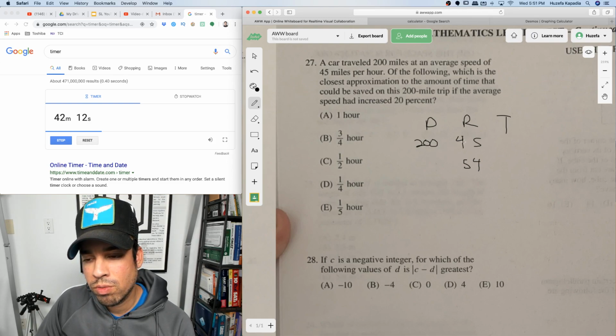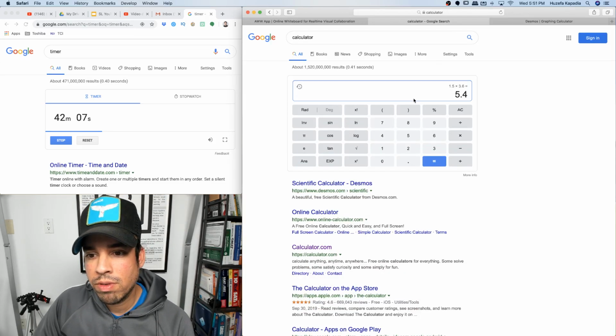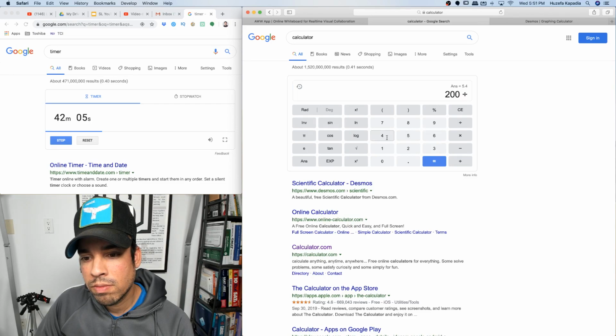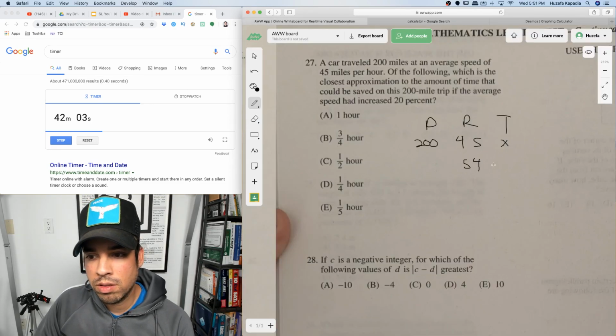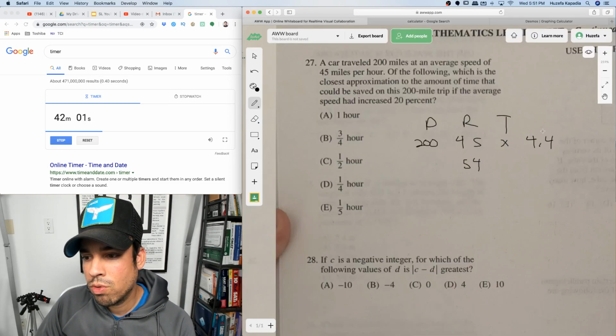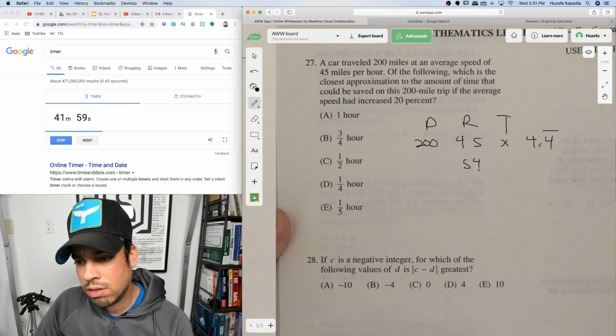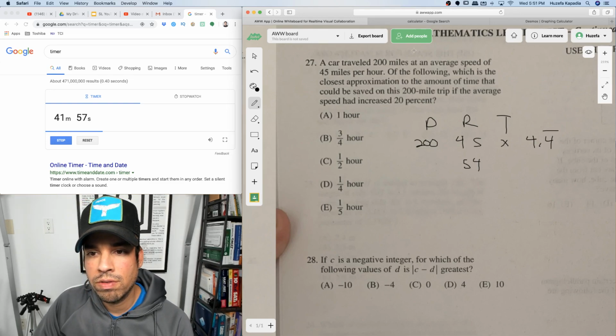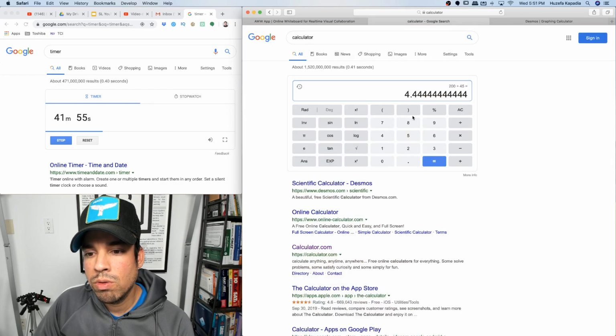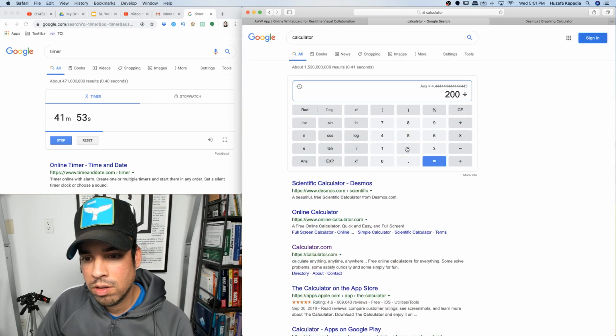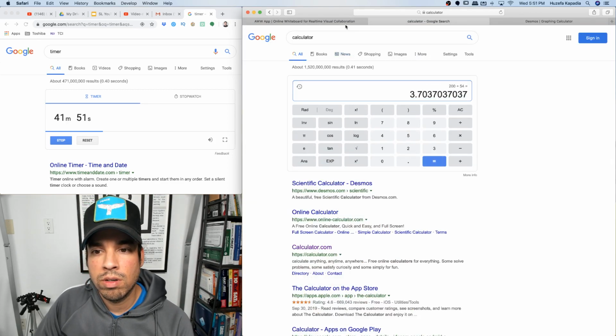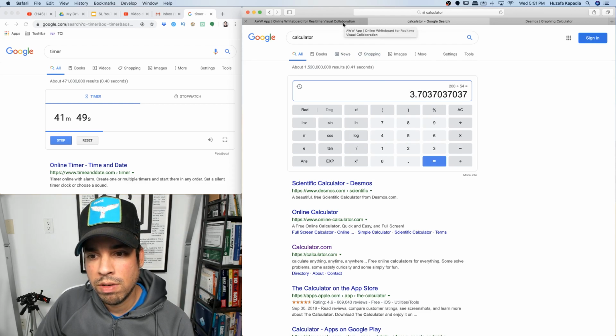So distance equals rate times time. If I divide 200 by 45, my time is 4.4 repeating. Here my time is 200 divided by 54, which is 3.70.